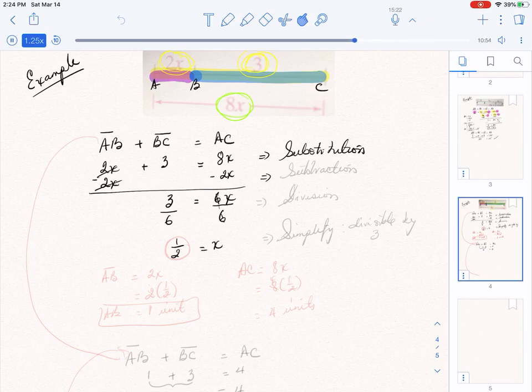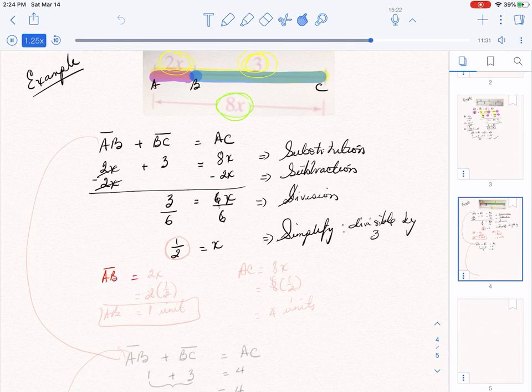So x would be 1/2. This step is by subtraction and division, and then simplify, and it is divisible by 3. When I have x, I know the length of AB.